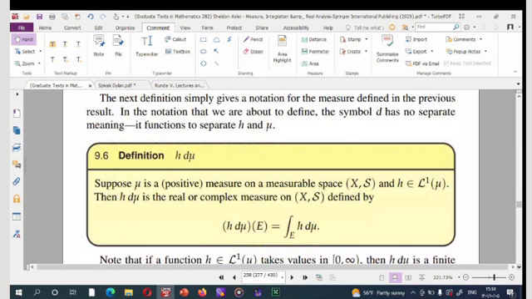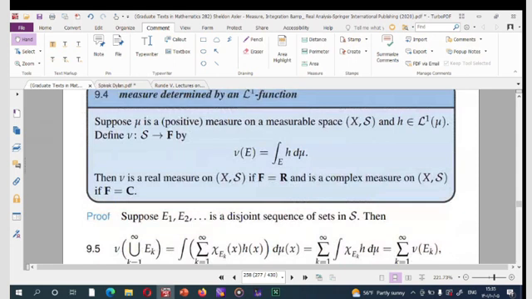Now we can define notation hd mu. Suppose mu is a positive measure on a measurable space x and s, and h belong to L1 of mu. Then hd mu is the real or complex measure on this measurable space, defined by this equality. hd mu is this mu.